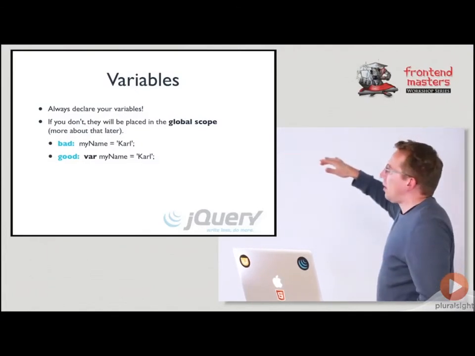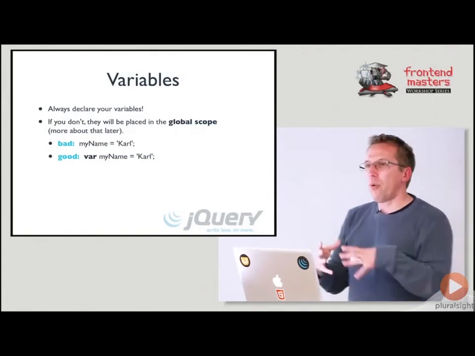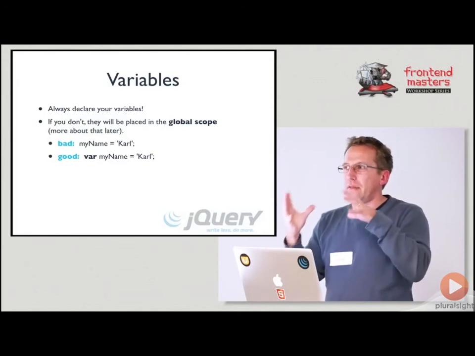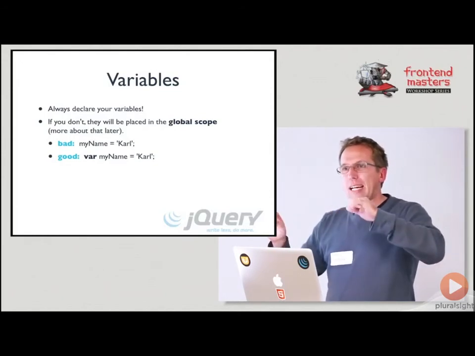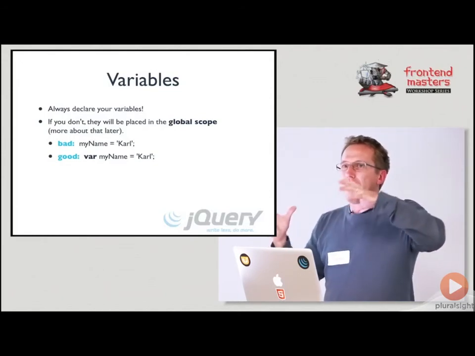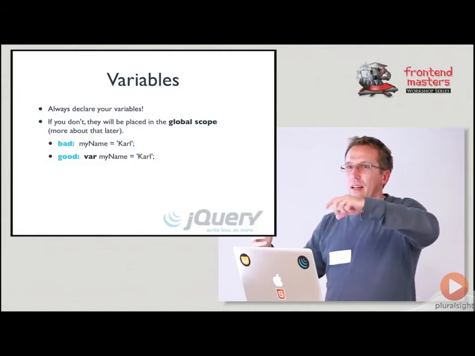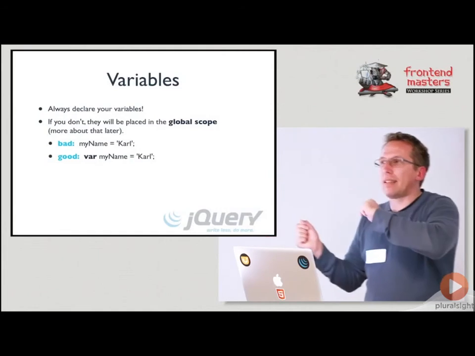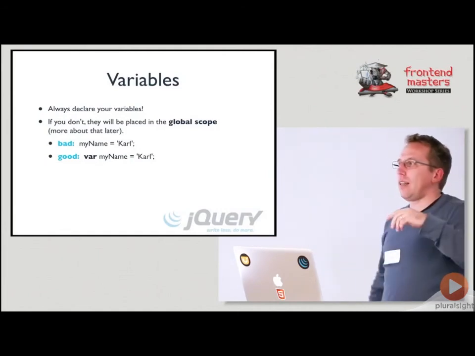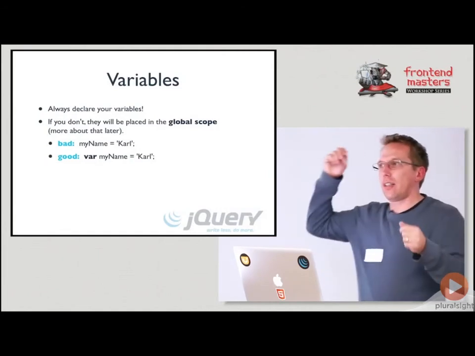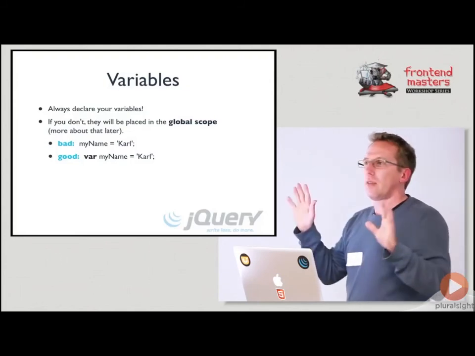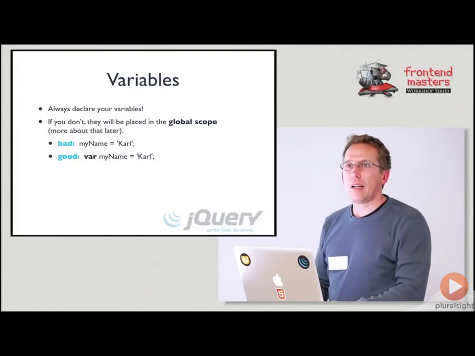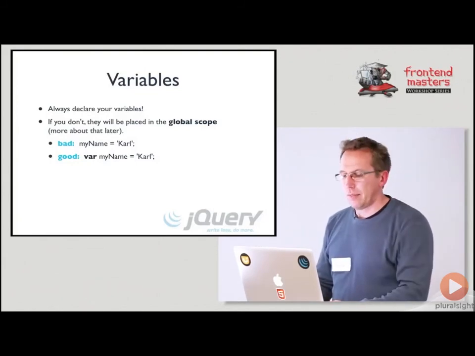So it's important to consider, where am I going to be using this variable, and how can I contain it to within this place where I'm using it? Does that make sense? I don't want it to leak out into some other file, or possibly conflict or collide with a variable of the same name in some other place.